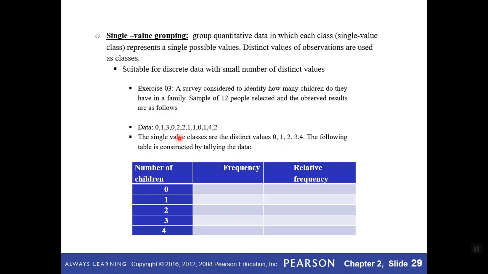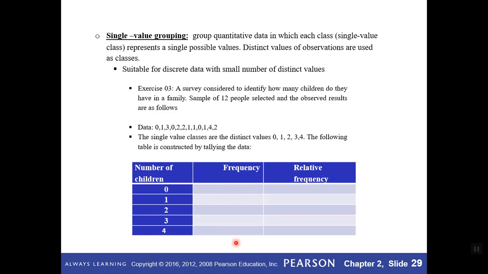You can mention them in a frequency table like this. Number of children: 0, 1, 2, 3, 4, these are the distinct values. For frequency, how many zeros here? I think there are 3 zeros. How many ones? 1, 2, 3, 4, there are 4 ones.